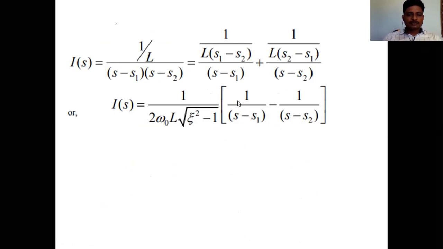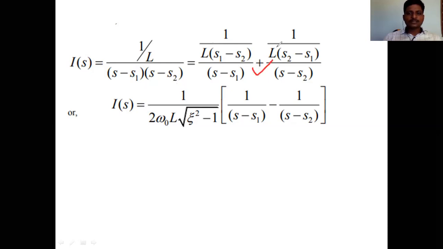you can write I(s) is equal to (1/L) by (s minus s1)(s minus s2), where s1 and s2 are the roots of the quadratic equation. Okay. So if you got the roots, you can make them into partial fractions.